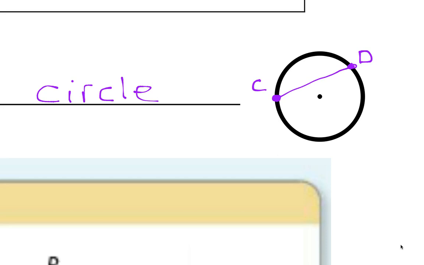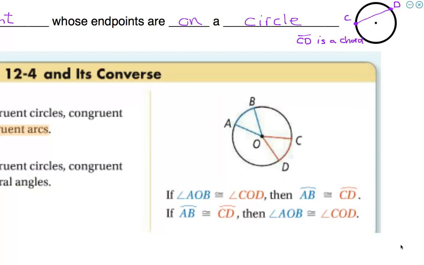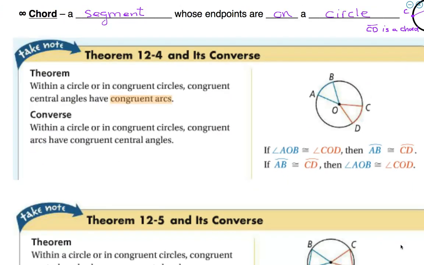So we would say that CD is a chord. You can already start picturing that as being something like a given statement in a proof. We're going to go through a couple theorems here, theorem 12.4, 12.5, 12.6, and their converses. They're bundled together, so we're just going to read them as they are.